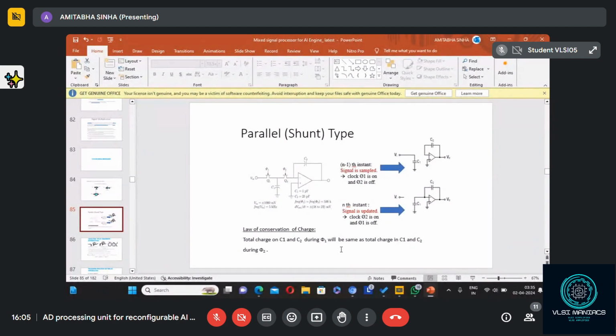So during phi 2, the total charge on C1 and C2 will be the same as during phi 1, because of conservation of charge. So the total charge on C1 and C2 when phi 1 is on will be the same when phi 2 is on and phi 1 is off. Agreed? Yes, sir.